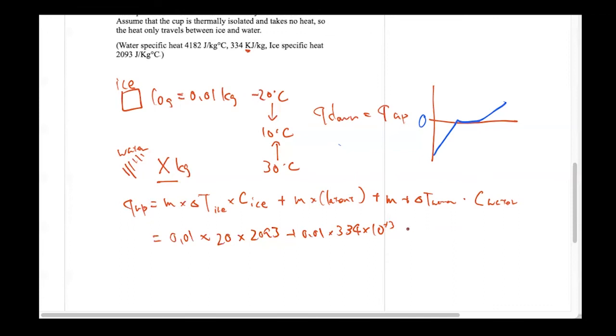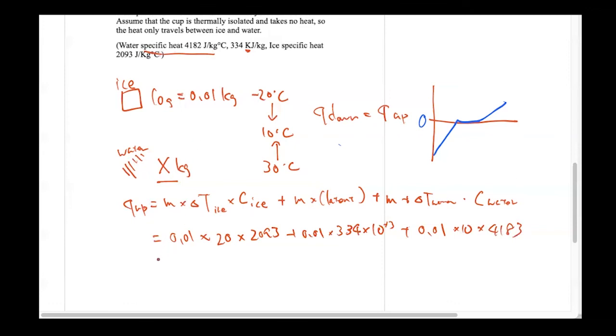And as a last process, you are again going to use 0.01 for m, and the delta T is from 0 to 10 Celsius degree. So it's going to be 10 multiplied by this water specific heat, which is 4183.